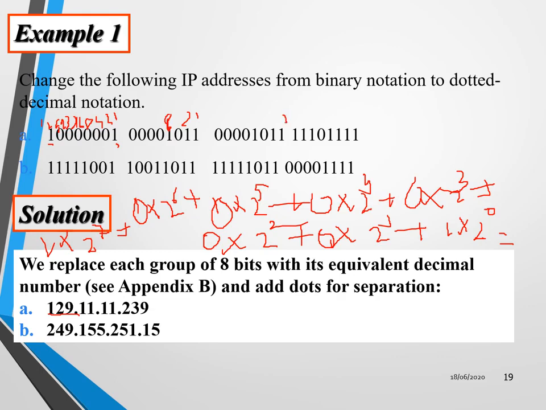Again 1, 2, 4, 8, 8 and 2 is 10 and 1 is 11. Here 1, 2, 4, 8, 16 we skip, 32, 64 and 128. Wherever you have ones, we add the powers above them. So it is equal to 239.